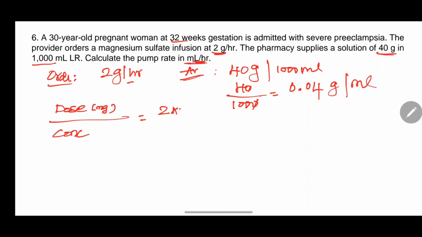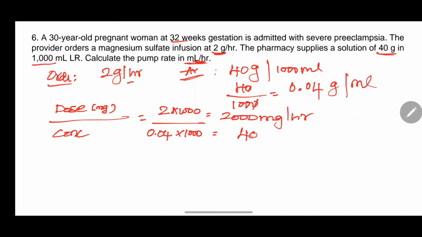So 2 into 1000 is 2000 mg per hour, divided by concentration 0.04 into 1000, that is 40 milligram per ml. So now we can calculate. The answer is 50 ml per hour. Okay, so answer is 50 ml per hour.